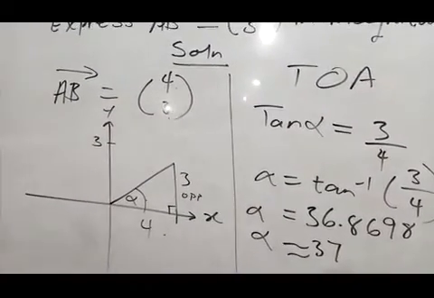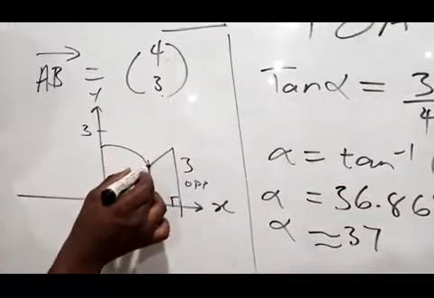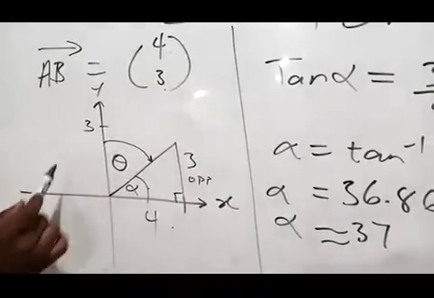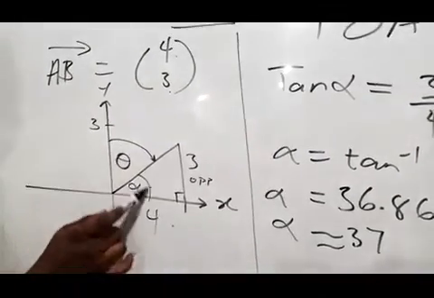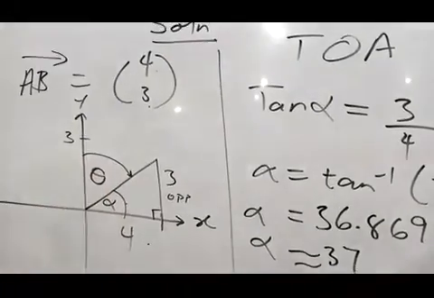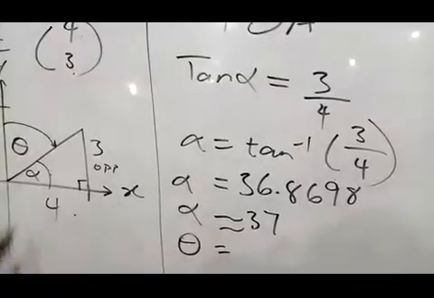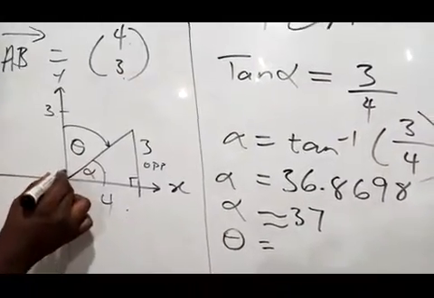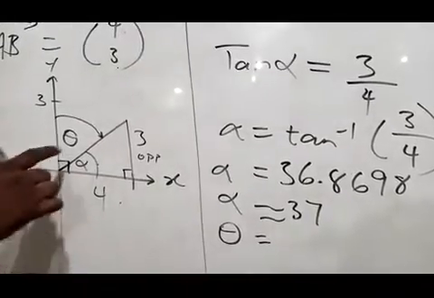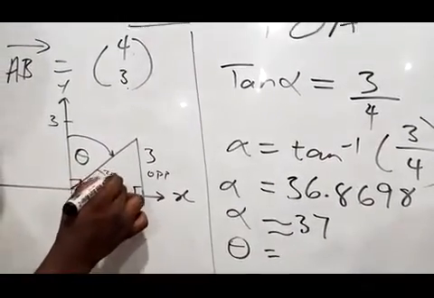Now that is the alpha, and according to the diagram, this one here is represented as theta. And that is what we are looking for. We are looking for this angle, not this, but this is what we can readily find, so we use that to get this. Theta is equal to 90, because the whole of this is 90 degrees, minus the alpha that we have found, in this case 37 degrees.